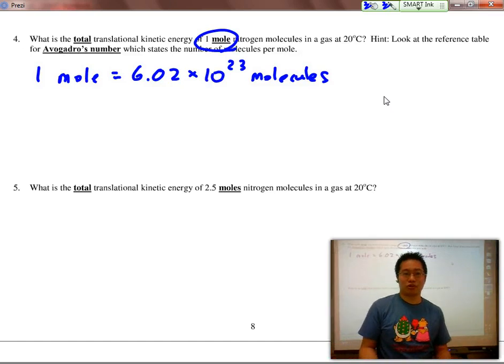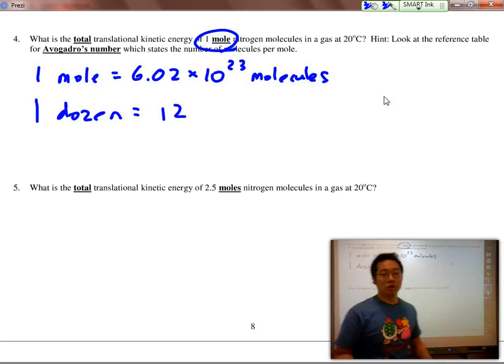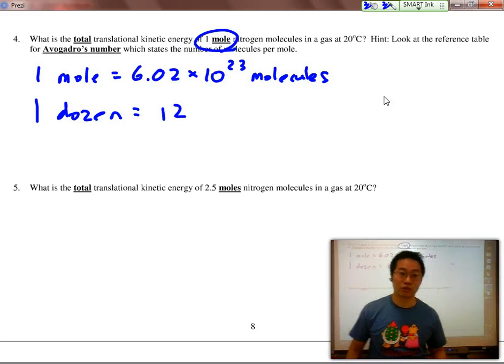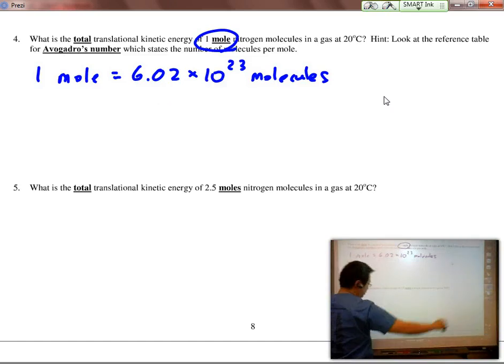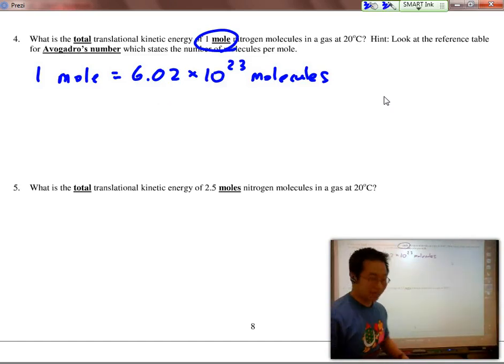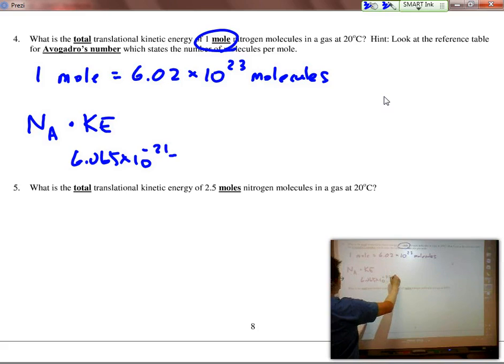Okay, so it's literally just another number. It's something similar to if I would say, how many are in a dozen? Well, in a dozen, we automatically know that the number is 12. In a mole, we automatically know that the number is 6.02 times 10 to the 23rd. So in this case, if I'm looking for a mole of molecules and how much energy that has, well, that would be 1 mole, or Avogadro's number, Na represents Avogadro's number, times the kinetic energy of one molecule, which was 6.065 times 10 to the negative 21st joules.